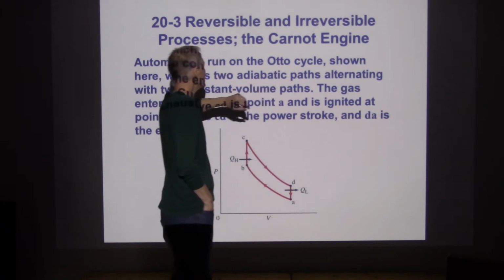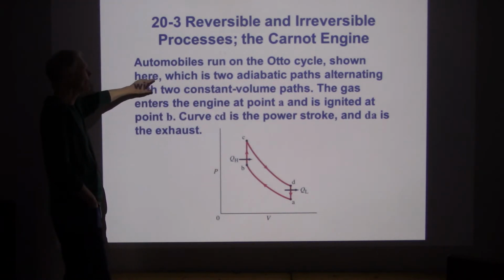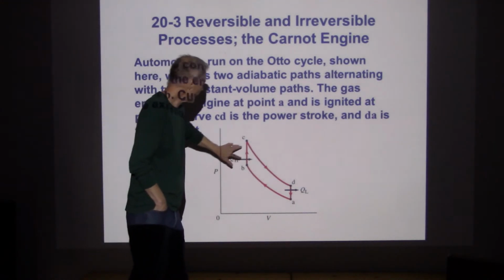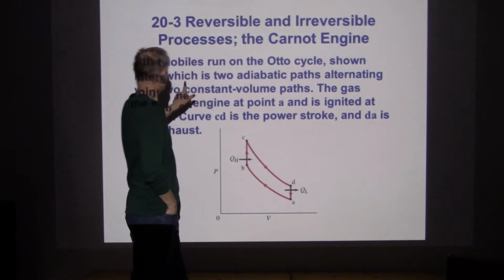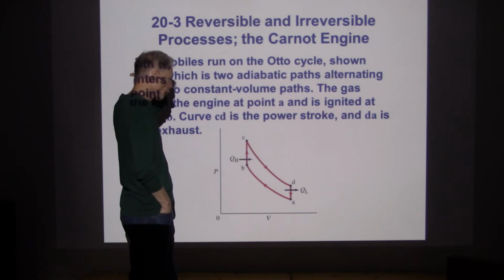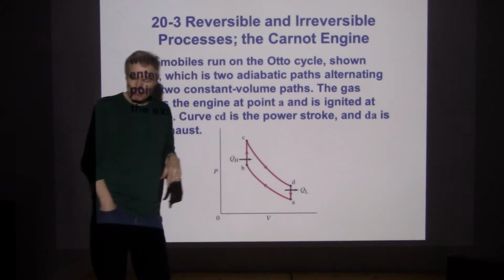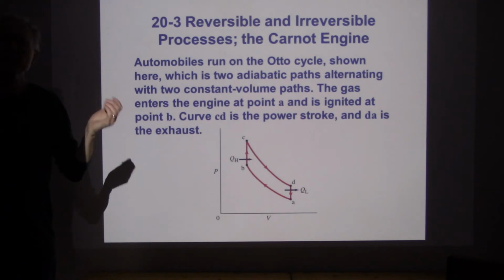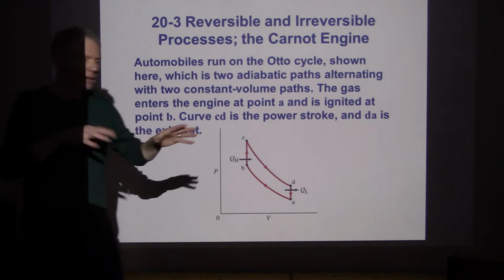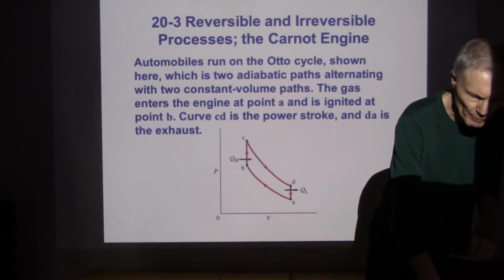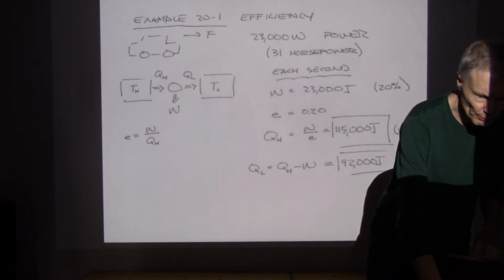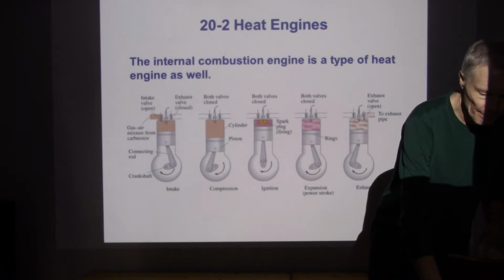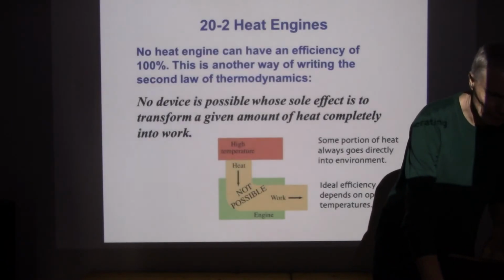Unlike the Carnot cycle, the Otto cycle consists of two adiabats, same as before, but instead of the isotherms, it has constant volume processes. So this is a better representation of what we saw several slides back. Remember that slide.